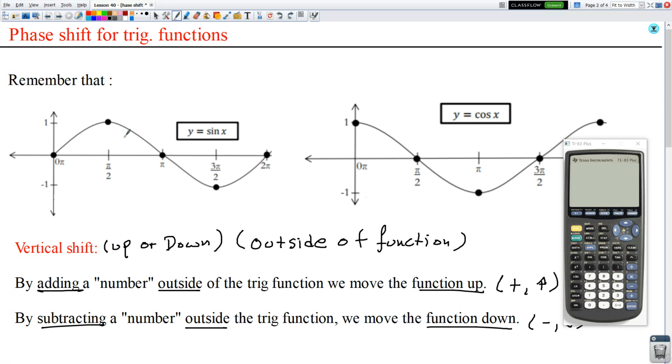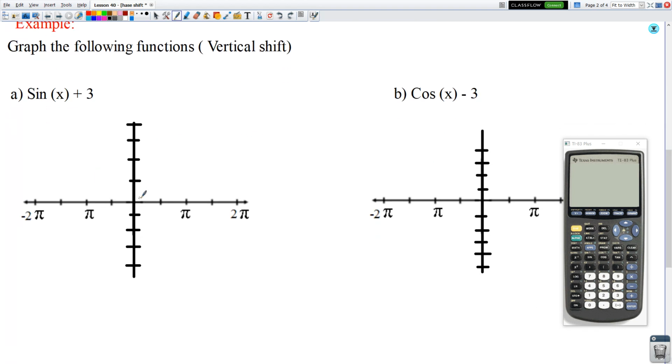So if we remember, if we graph sine of x, it starts at 0, and it takes 2 pi to complete a cycle. So let me just graph that. Let me do it in red. So we start at 0, we go up to 1, we come back at pi, and we get to 2 pi.